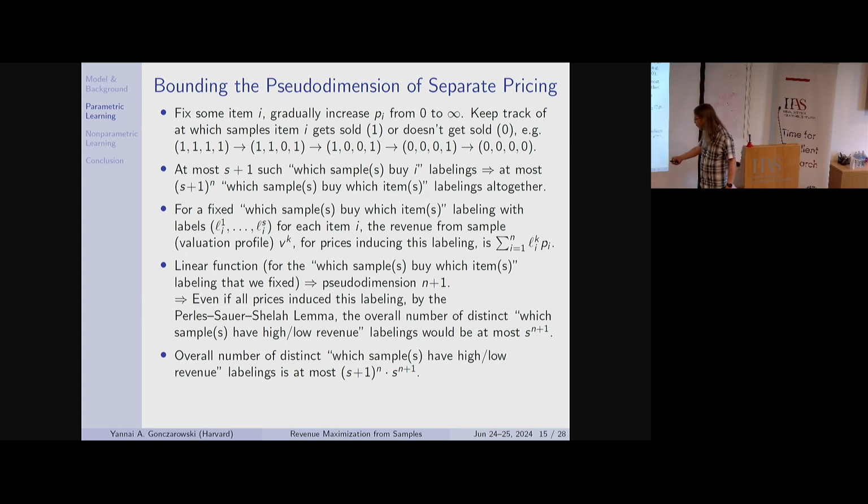So this is the overall number, from all of our auctions, of different high-low combinations that can be induced over S samples.